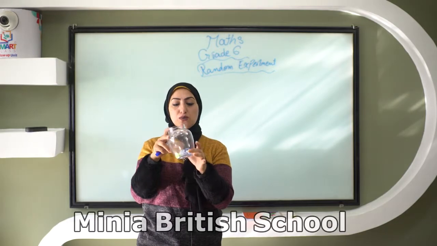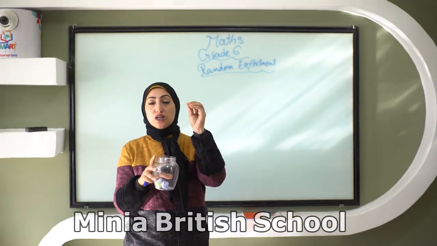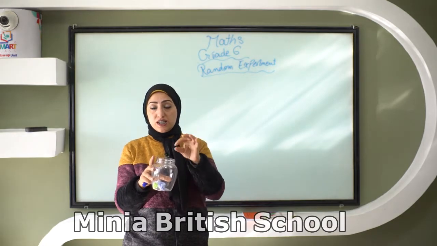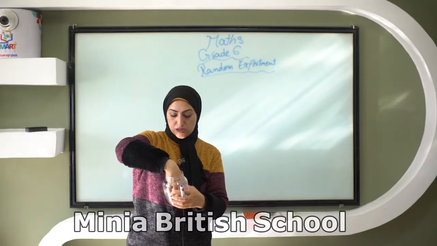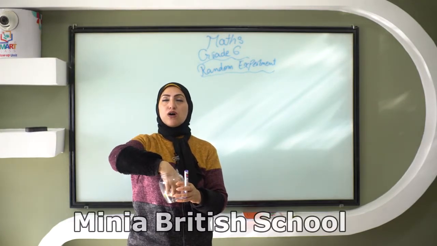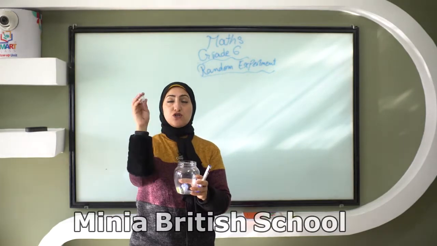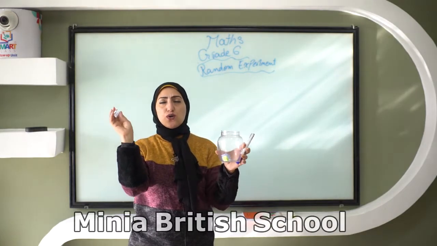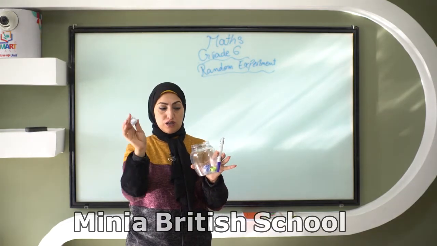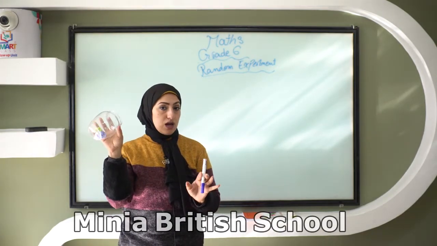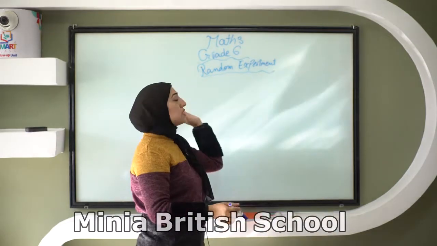So I don't know which one I will choose with certainty. So here, if I close my eyes and choose one, I don't know which color I choose. This is the meaning of random experiment.